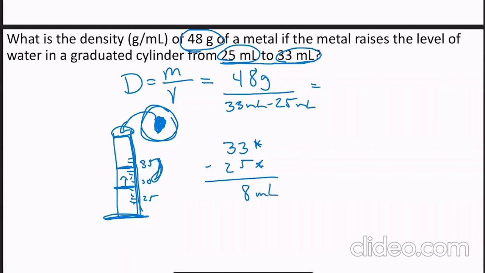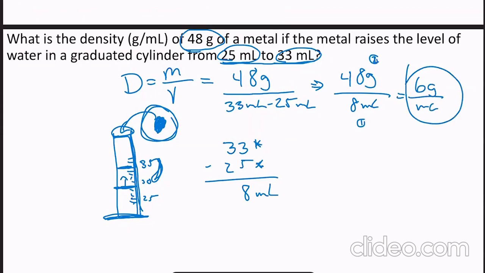It's not 2 sig figs because this is addition subtraction. The smallest number of significant figures is for multiplication division. So here, I'm going to put 48 grams over 8 milliliters. Now I'm going to use the rules for multiplication division. 2 sig figs, 1 sig fig. My answer has to be 1 significant figure.